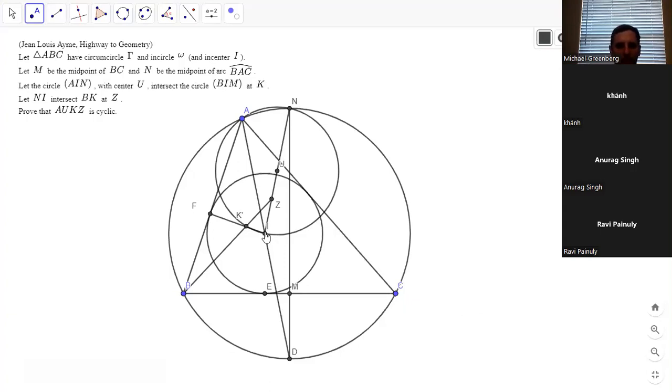You know what? What if we use similar triangles? So DMI, I think, is similar. Is DMI similar to something?